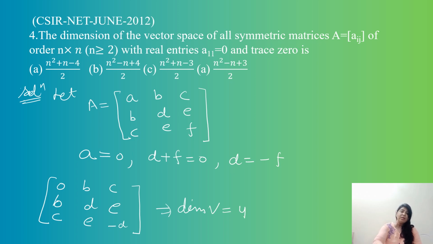So in these given options, let us take n is equal to 3 because we have a matrix of order 3, and if we put n is equal to 3 in option A, you will get the dimension as 4.